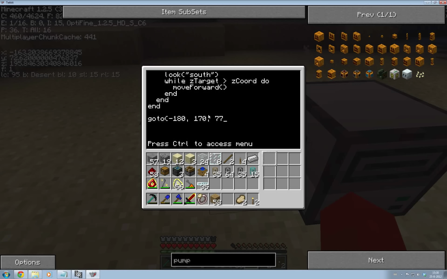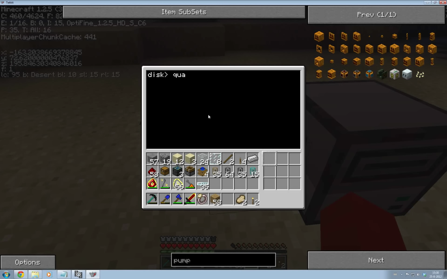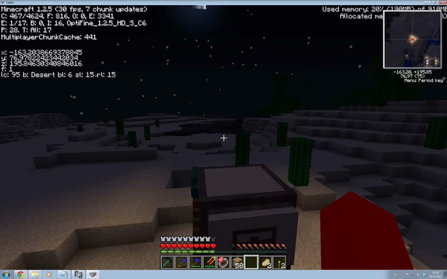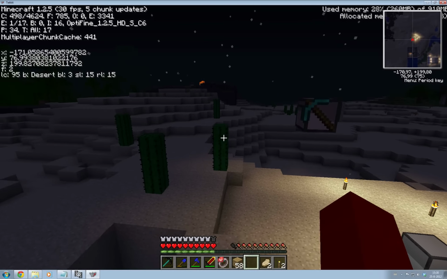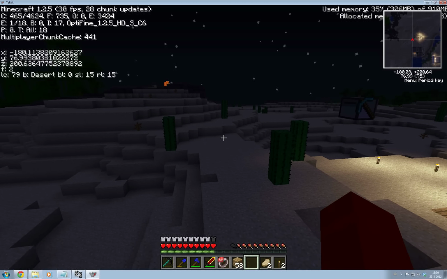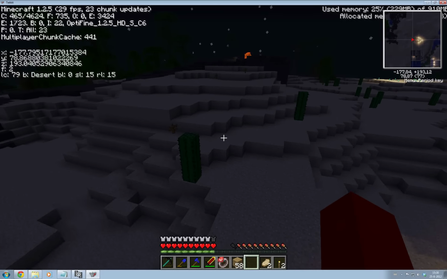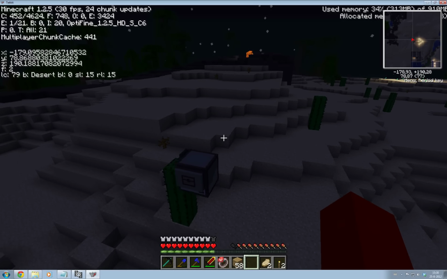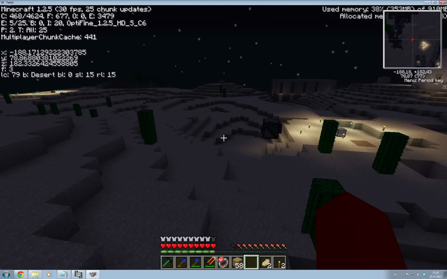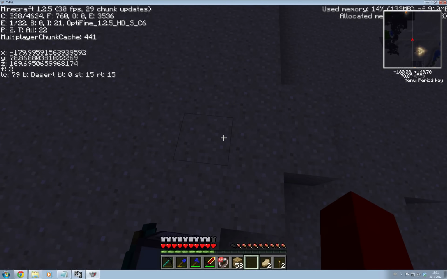So we expect it to go up first, and then move in the X direction, and then move in the Z direction last. So it's going to go up. It should go forward now. There we go. So now he's moving in the X direction. Now it should turn right and start moving in the Z direction. And there we go, right where we want him.